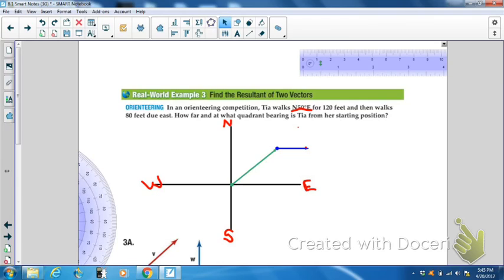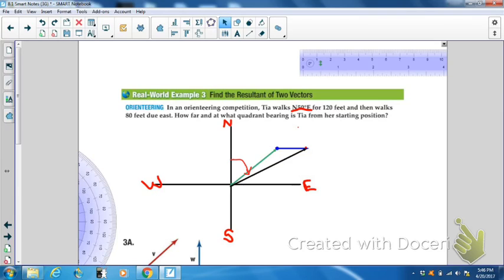And it says how far and at what quadrant bearing is Tia from her starting position. So I want to measure then the angle that's formed with the black vector there.